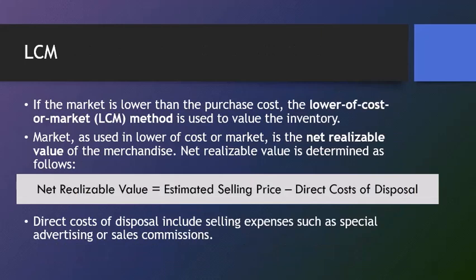Now, let's look at a valuation technique referred to as the lower of cost or market, or LCM. This is a technique that we use under generally accepted accounting principles to value our inventory. And this really falls in line with the basic principle of conservatism, okay?